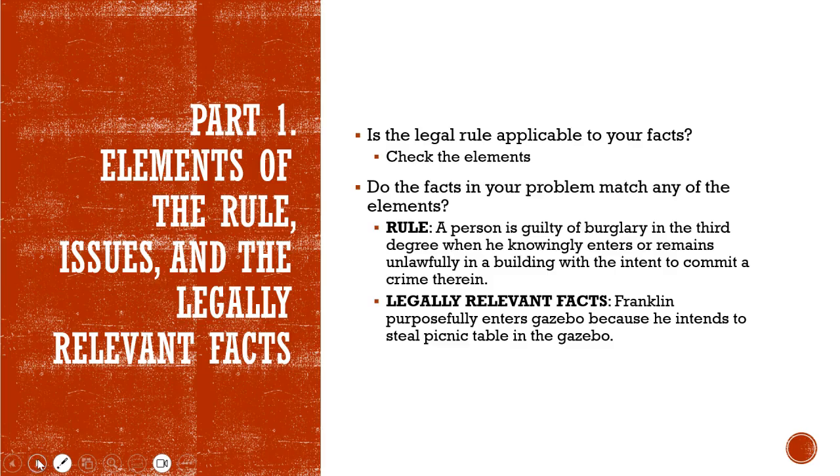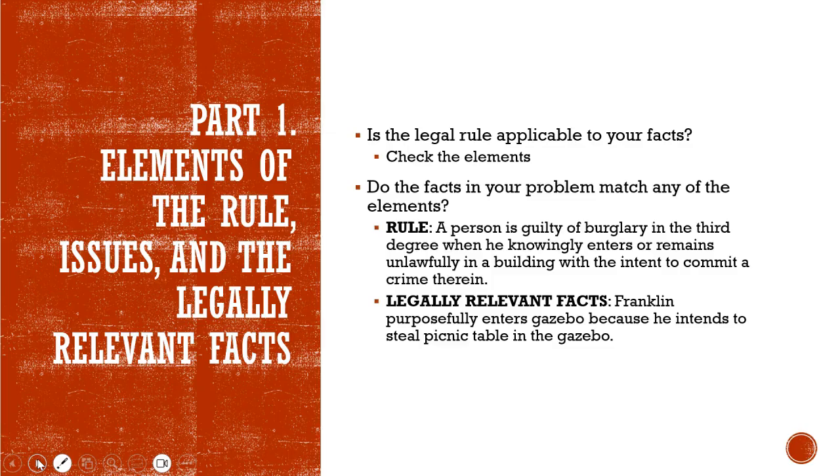All right. In looking at the elements of the rule, the issues, and the legally relevant facts, we need to know if all the elements are met, and do the facts in the problem match the elements. As that illustration in the prior slide illustrated, here's an example of a rule. This would be a statute, most likely.